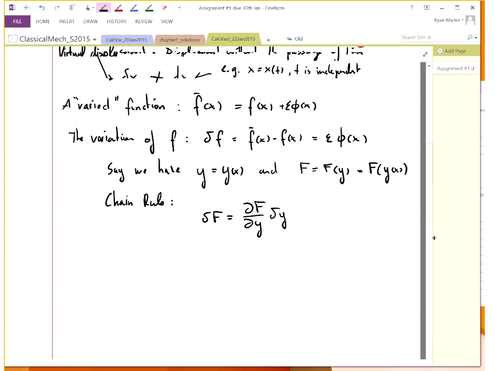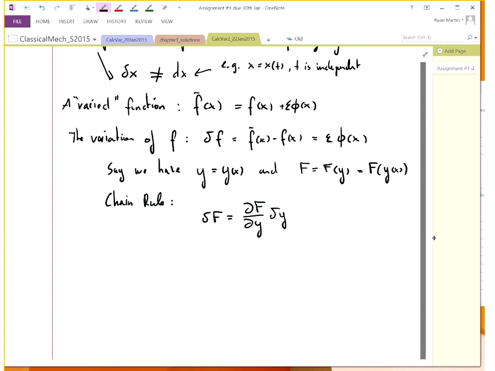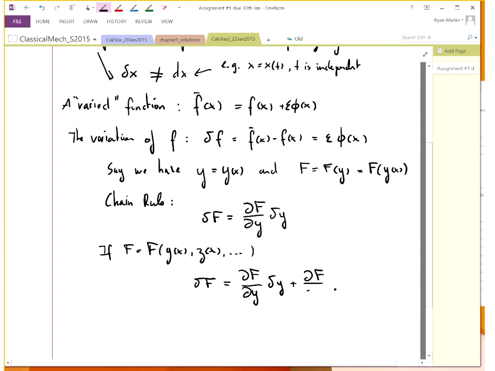And if F were, for example, a function of multiple functions of x, so let's say we have a y of x and a z of x and others, then delta F we would write as di F by di y delta y plus di F by di z delta z plus whatever else it would depend on.